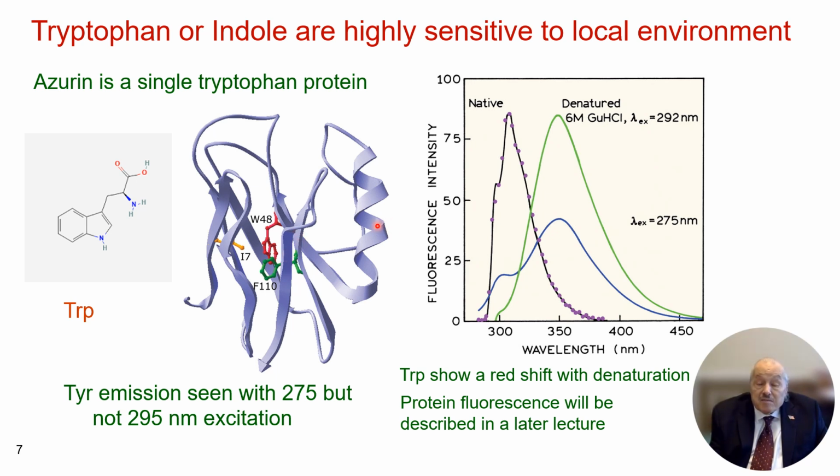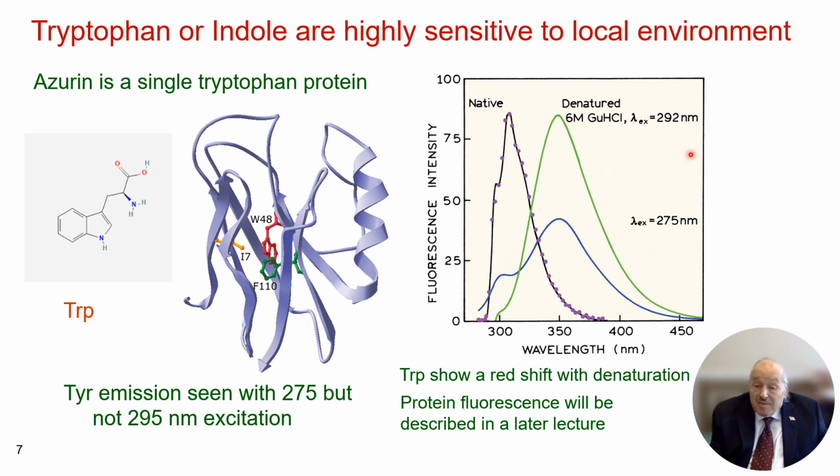In the native state, the tryptophan residue is shifted very much to the blue, to short wavelengths, indicating that it essentially has no contact with water. If you denature the protein, the tryptophan shifts to much longer wavelengths. So the tryptophan emission is always going to be sensitive to the contact with water.